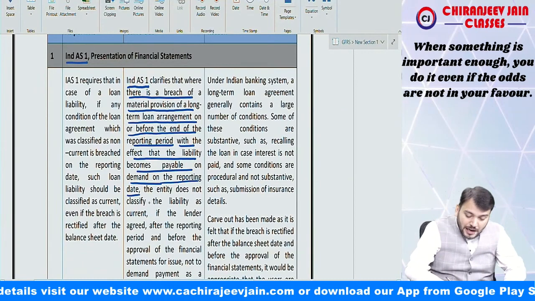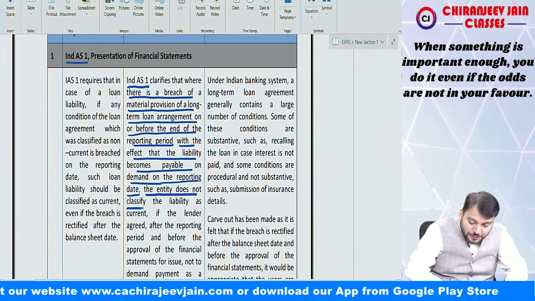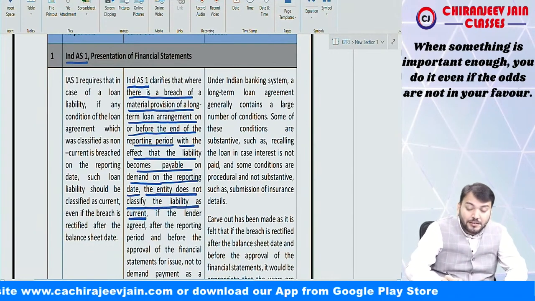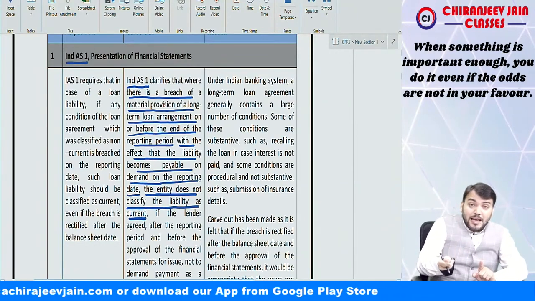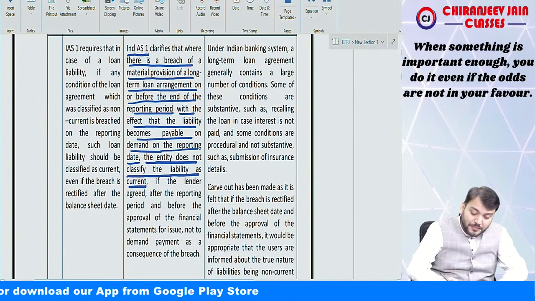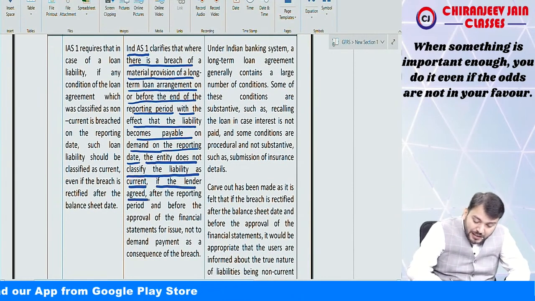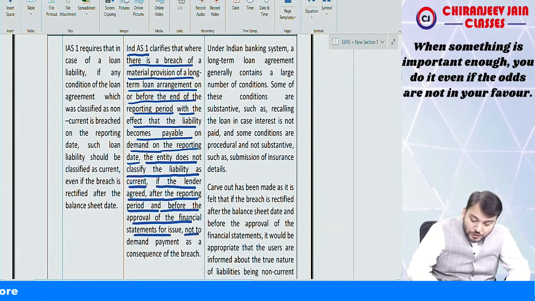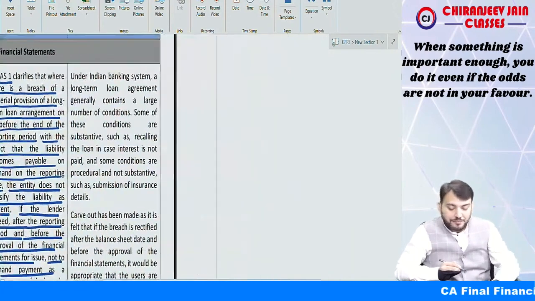Correct? Yes, sir. The entity does not classify the liability as current, even though it is repayable on demand, if the lender agreed after the reporting period and before the approval of the financial statements for issue not to demand payment as a consequence of the breach.